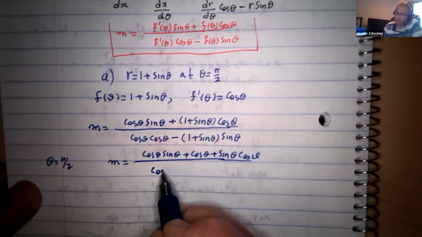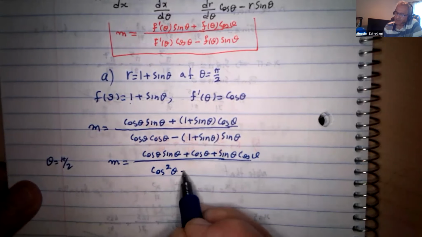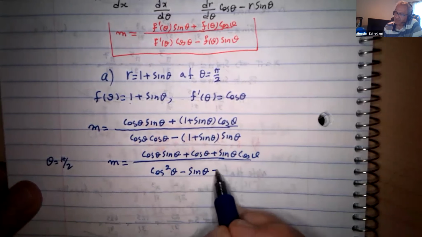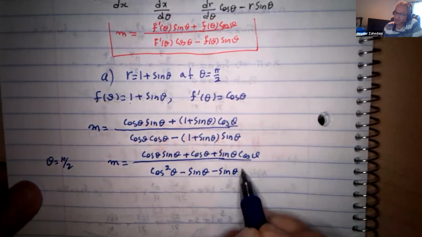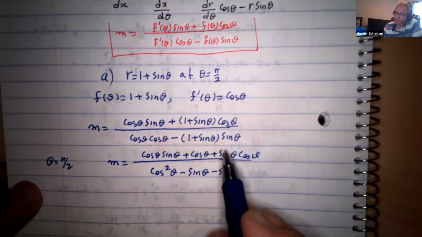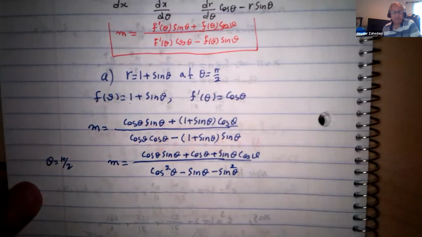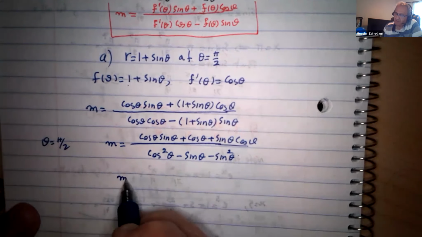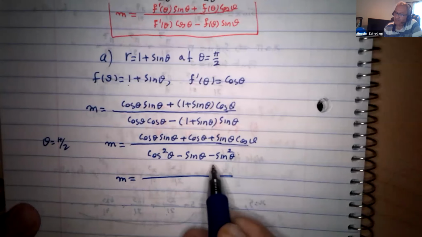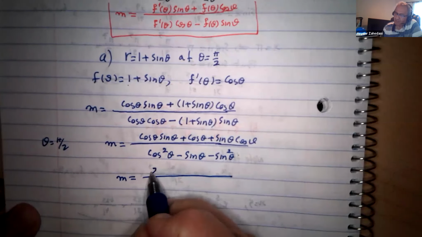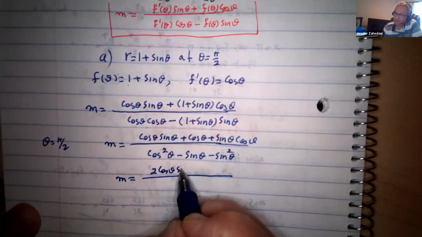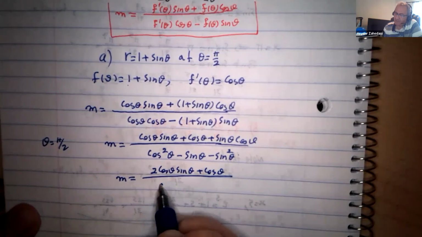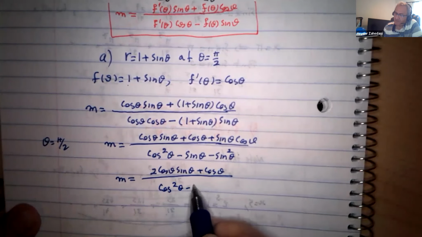The bottom is going to be cosine squared of theta, and you distribute the sine of theta, there's a negative sign here, minus sine of theta minus sine squared. The top now, these two will be 2, so that gives you 2 cosine of theta sine of theta plus cosine of theta. The bottom, nothing to do.